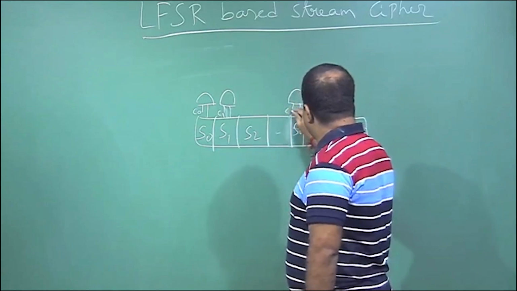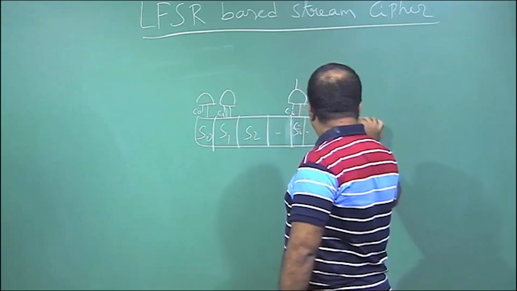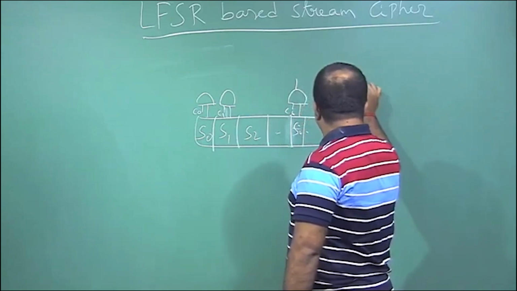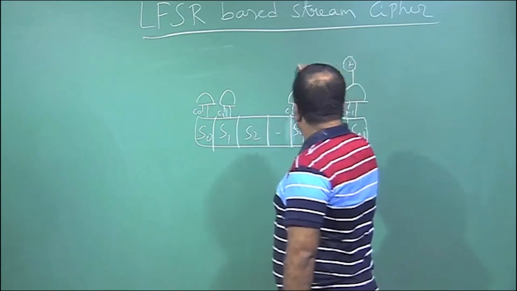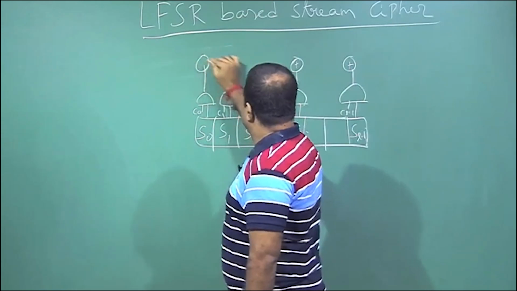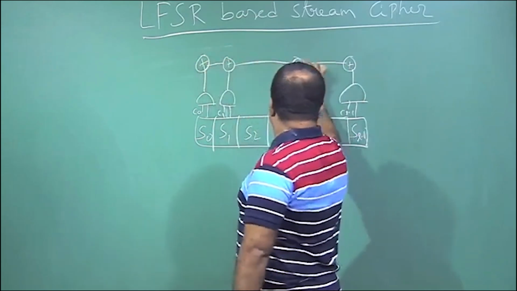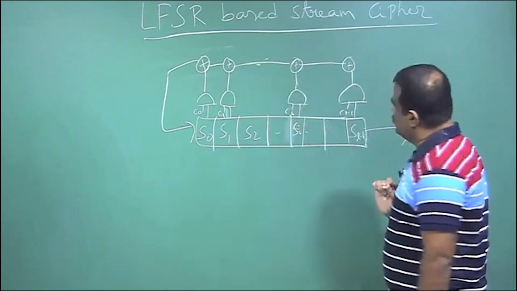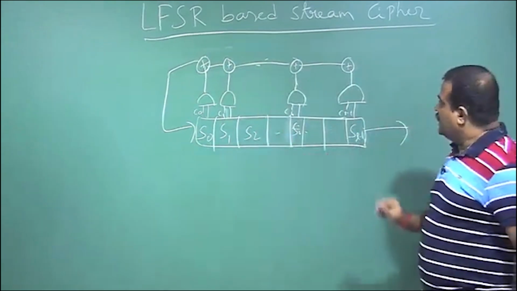These Ci are either 0 or 1, up to C(L minus 1). These are all XORed together, and the result comes out. So, this is a typical L bit LFSR.